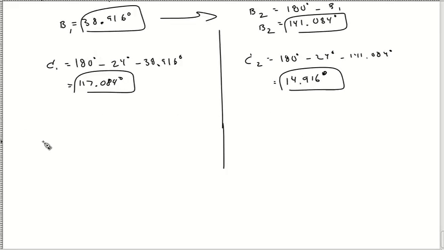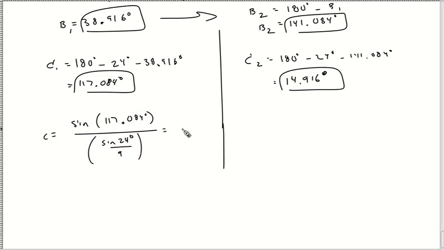Okay, so define little c. We've already done this a whole bunch of times. I'm going to say it's sine of the 117.084 divided by, and then sine of A over a, so sine of 24 divided by 9. And this time I got 19.7008.